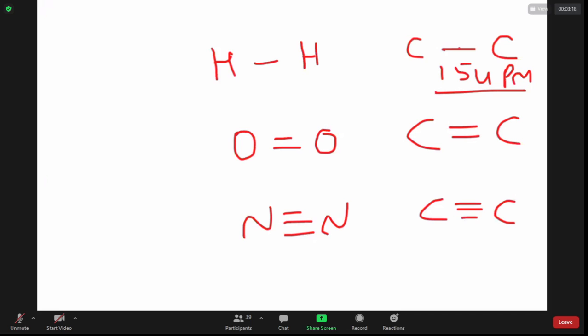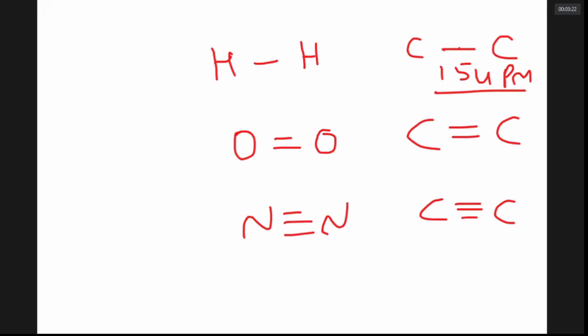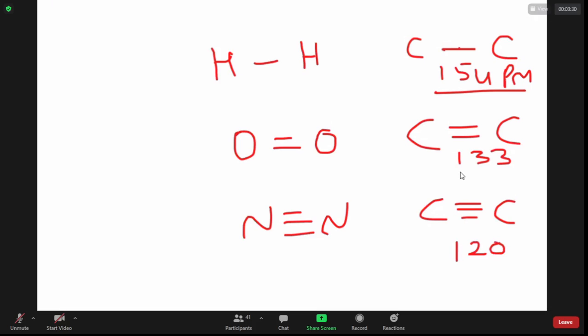The bond length in a C-C single bond is 154. For a C=C double bond, it is 133 picometers. For a C≡C triple bond, it is 120 picometers. As the number of bonds between two atoms increases, bond length becomes shorter.